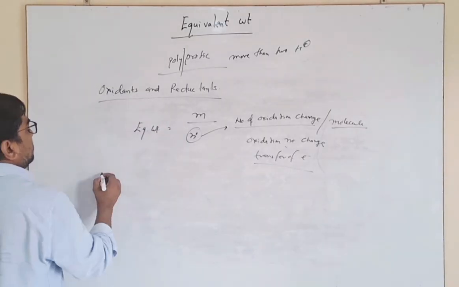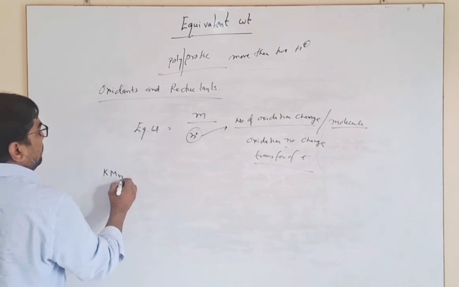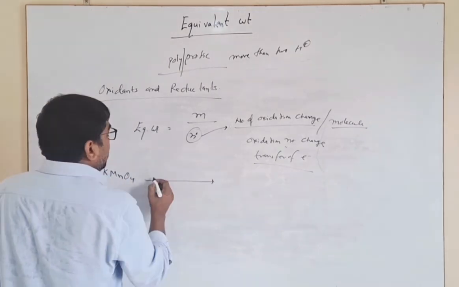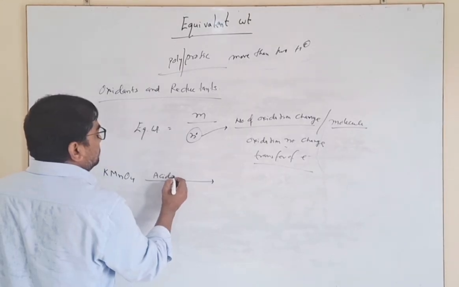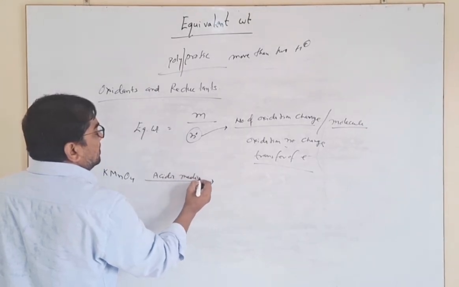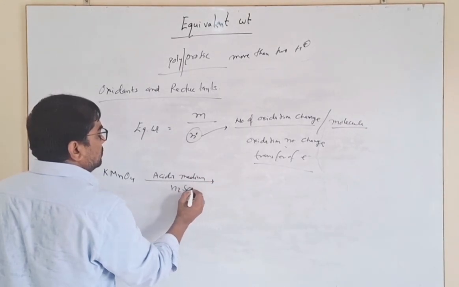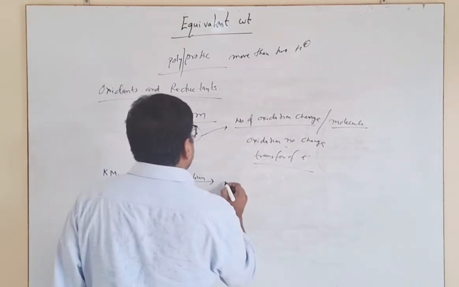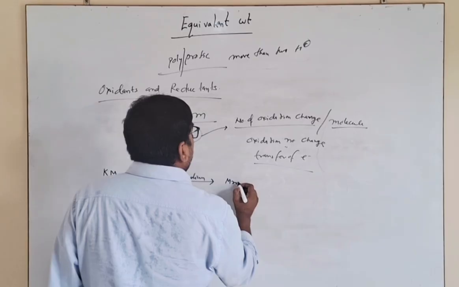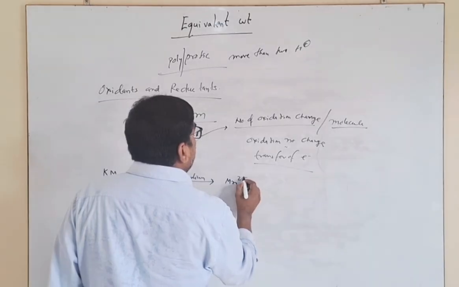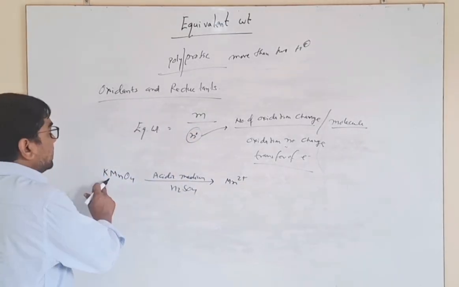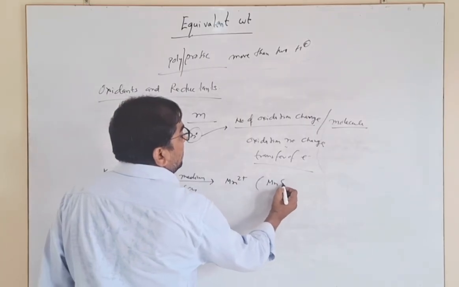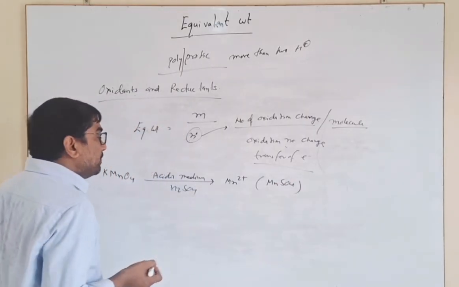Let's see one example. KMnO4 is an oxidizing agent. In acidic medium, that is H2SO4, it gives Mn2 plus. KMnO4 gives Mn2 plus, or we can say MnSO4.